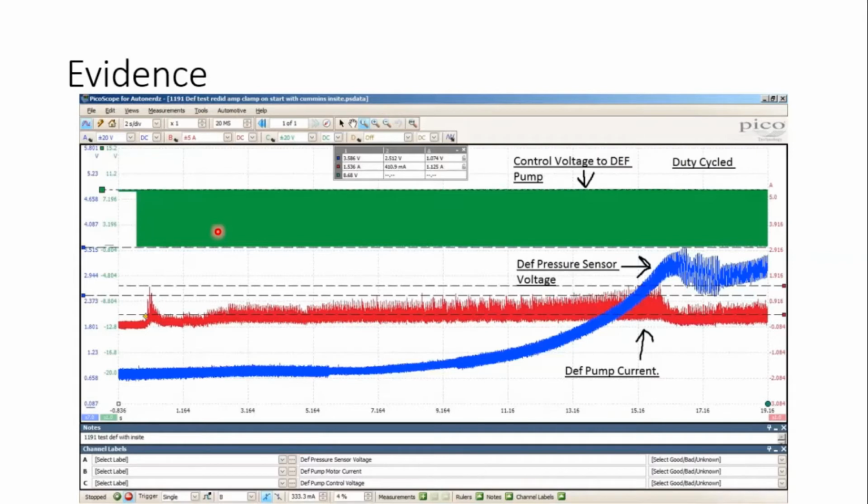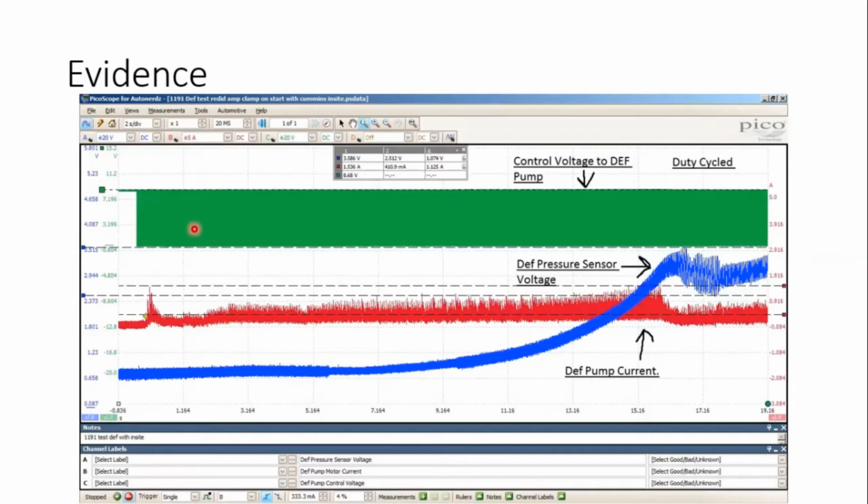is grounding the circuit, okay? So it grounds the circuit, and depending on how much demand it has on the pressure, it will vary the duty cycle.